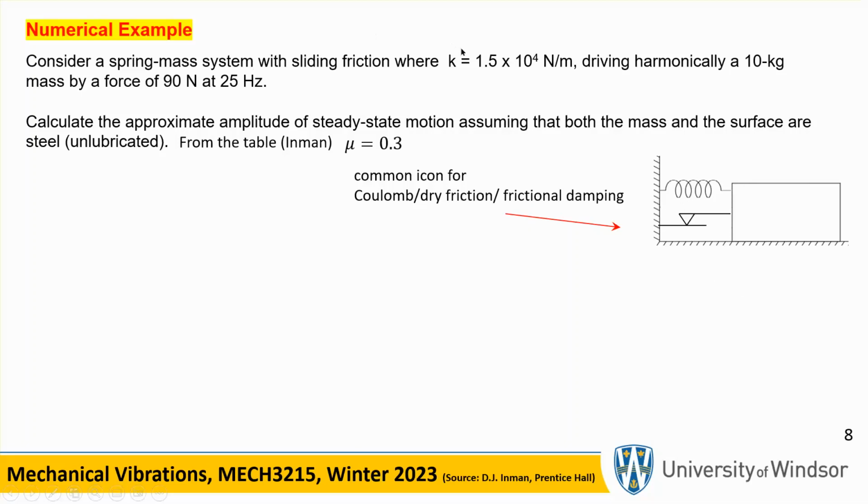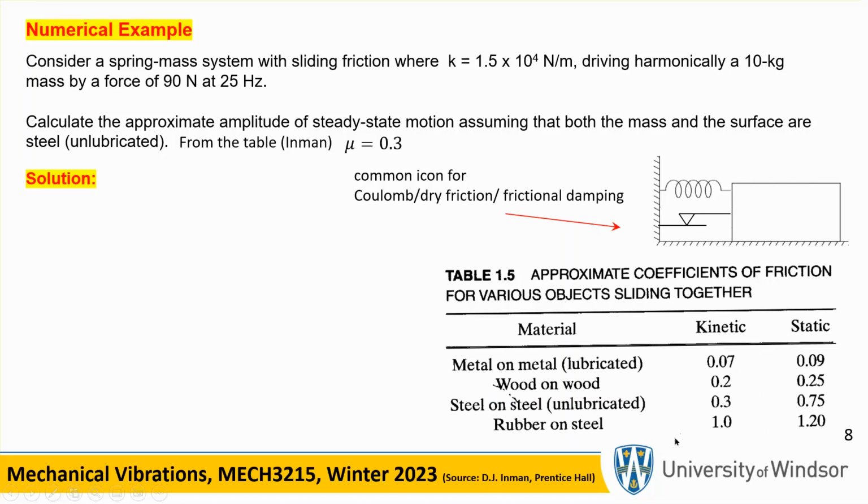Now, what do we know here? We have the stiffness of the spring. We have the mass, 10 kilogram, and the force that is applied here back and forth has an amplitude of 90. This is your F naught, and the frequency of the driving force is 25 hertz. Now, this 0.3 comes from a table in Inman, so you can see that for steel on steel, unlubricated, the kinetic coefficient of friction is this.